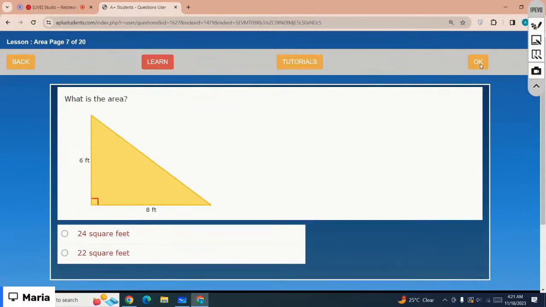What is the area? The area of the triangle is, yes, half times base times height. So which is the correct option?